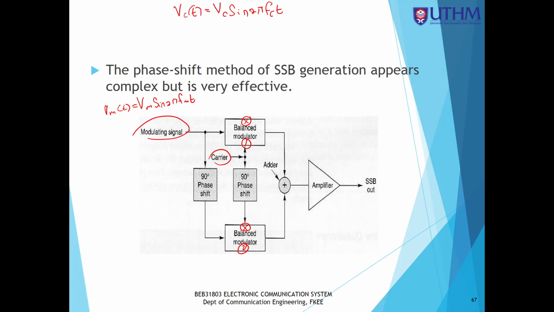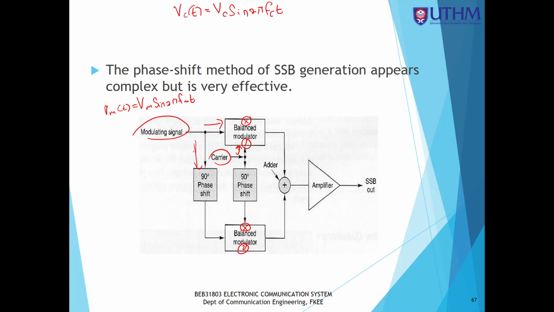Both of these, VMT and VCT, will go through the first balanced modulator. The modulating signal also goes through the phase shifter, a 90-degree phase shift. What happens if we do a 90-degree phase shift to a sine wave? It will become cosine.